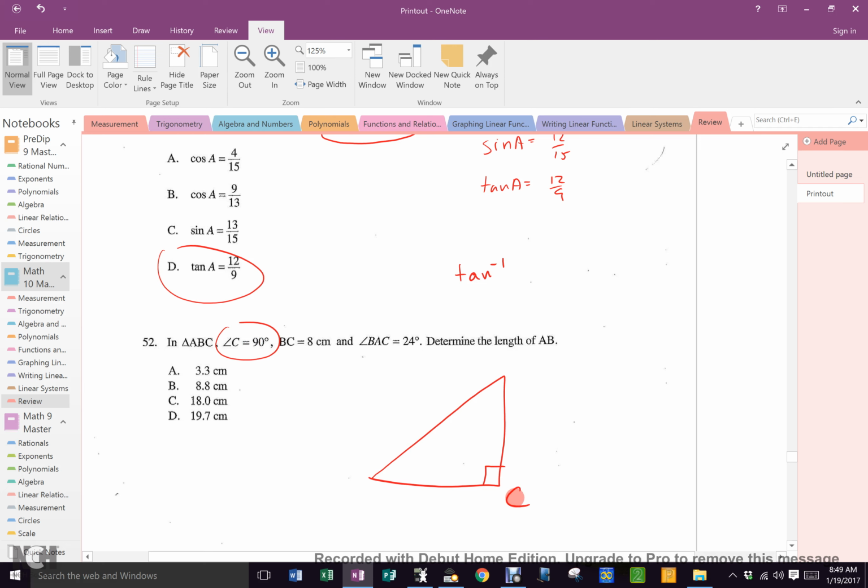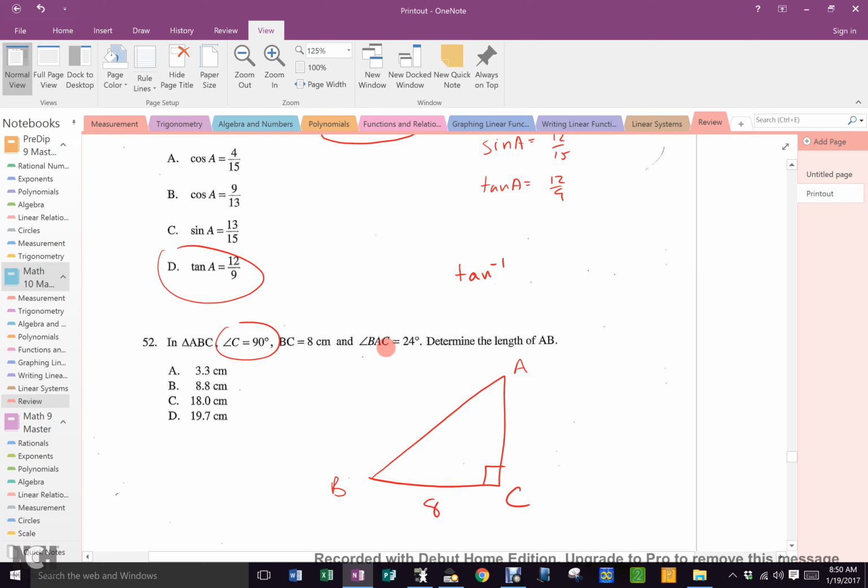So that means that's C, yes? AB equals 8 and BAC equals 24, right? So does it matter if that's BA or if that's BA? Does that even matter? No. If I make this BA, then BC is 8, correct?